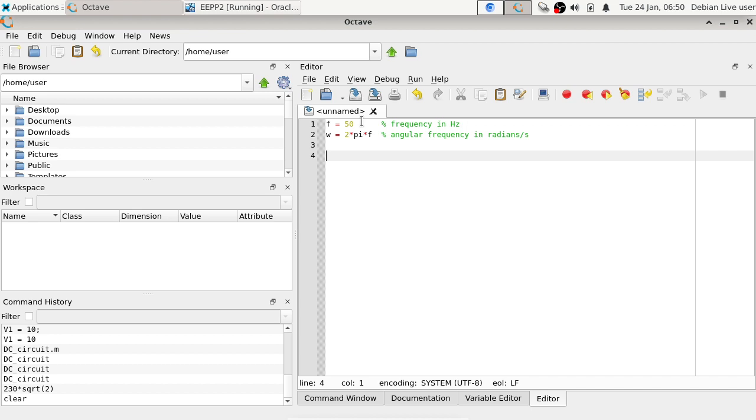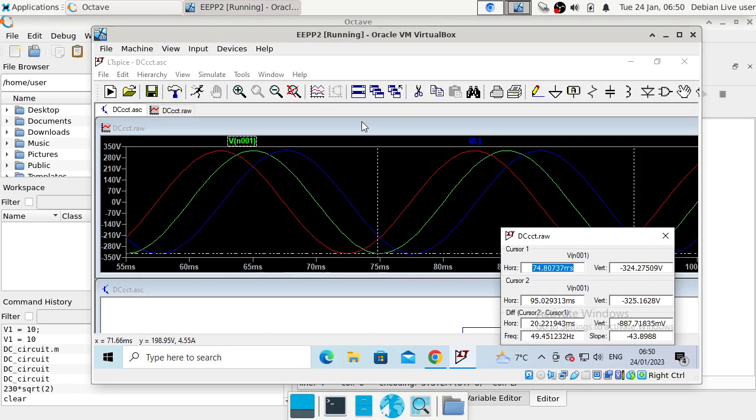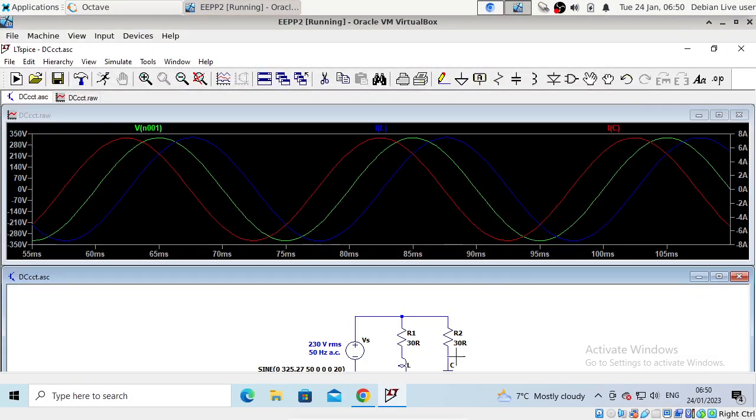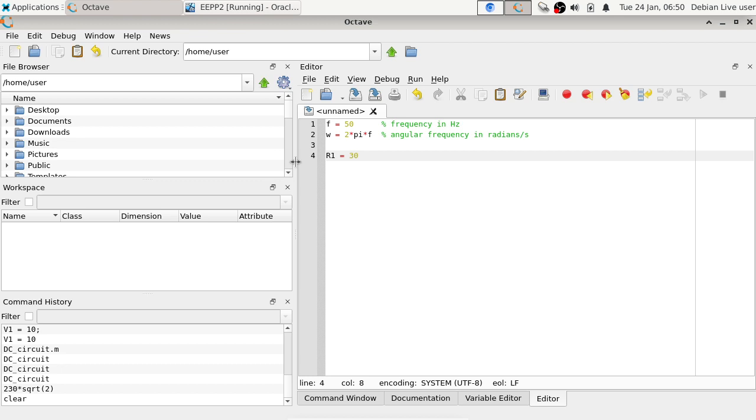So we have a few different components here. We've got R1, which, if I remember rightly, let's have a look back at our circuit here. So R1 was 30, so that's 30 ohms. R2 was 30 ohms as well.